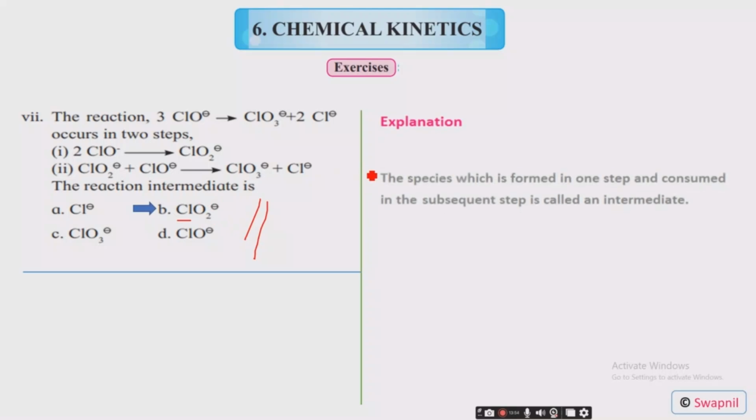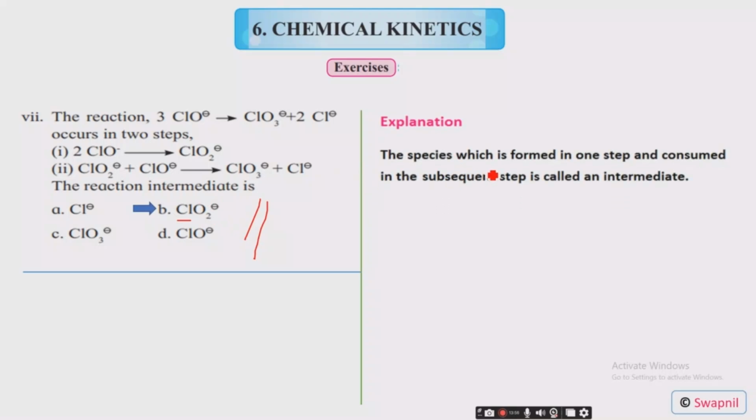So let's see the explanation. We know that the species which is formed in one step and consumed in the subsequent step is called an intermediate.